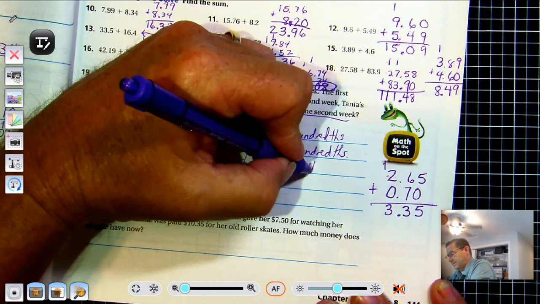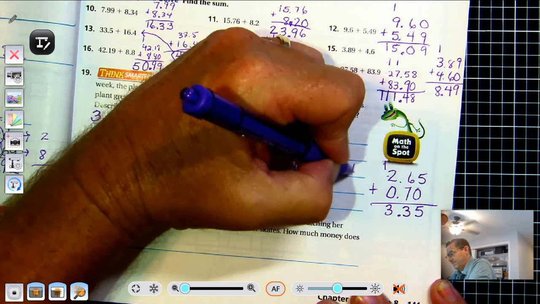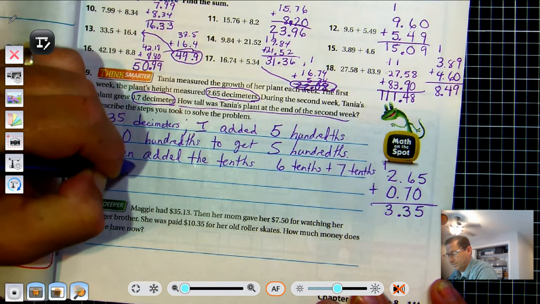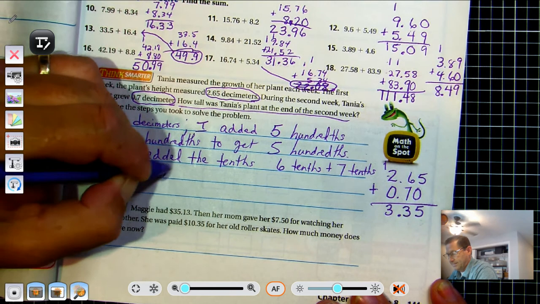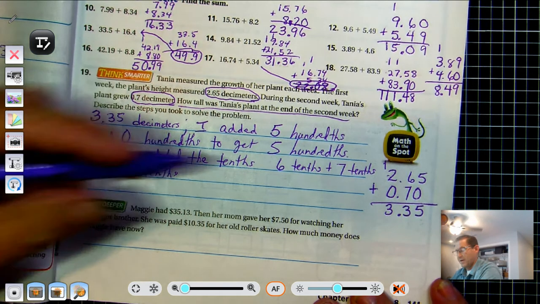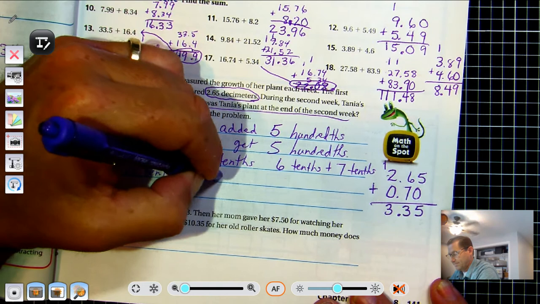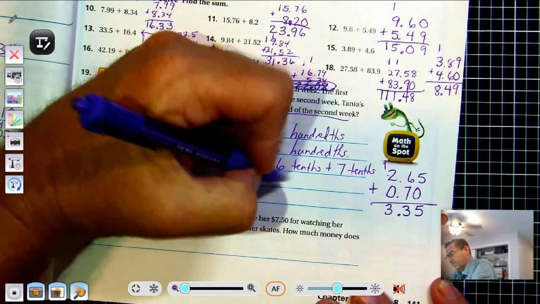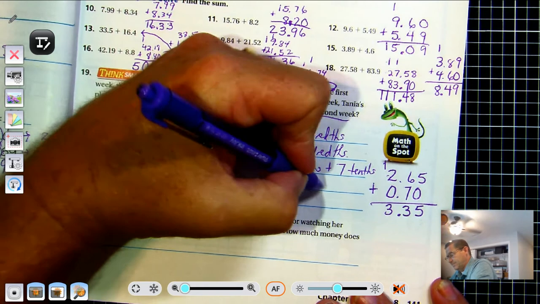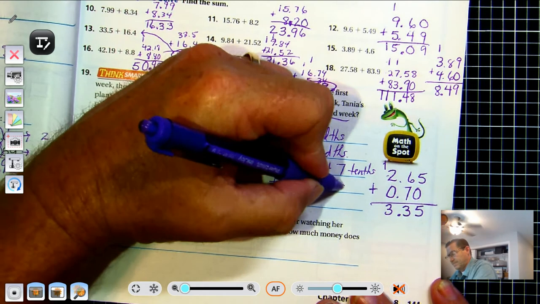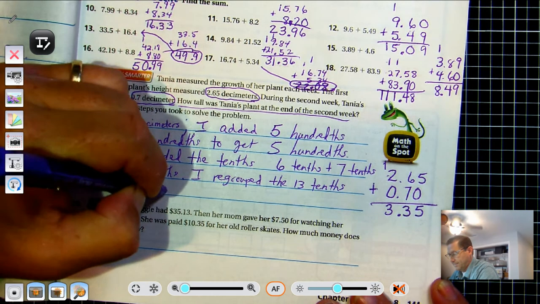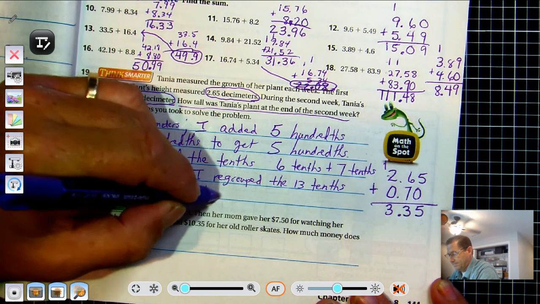Six tenths plus 7 tenths was 13 tenths. I regrouped the 13 tenths as 1 one and 3 tenths.